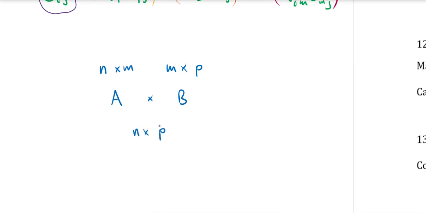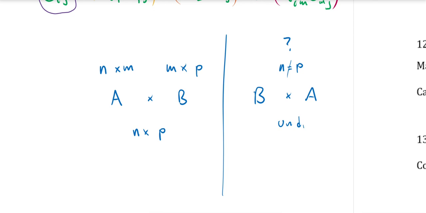But that doesn't mean at all that I could do B times A. B times A, well, we would have to answer the question, does n equal p? If n equals p, then we would be able to perform this multiplication. But if n didn't equal p, then B times A would be undefined.